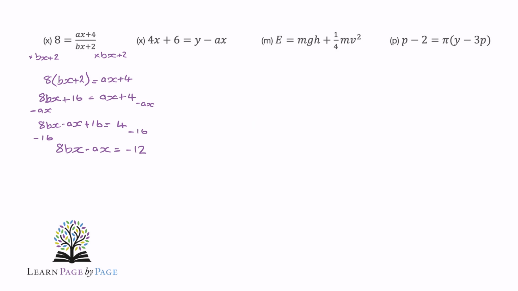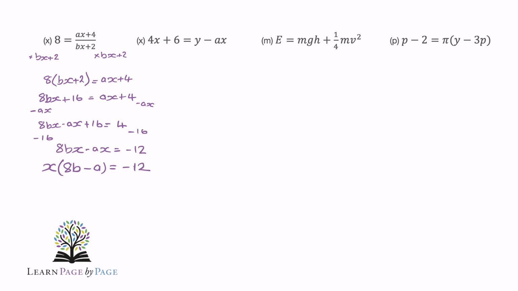Now, if you notice here, this is where a lot of people get stumped, because we have a bx and an ax. What we have to do here is factorize. So we're going to take out the common factor, which is x. So we take x there, then a bracket, and then 8b minus, then 8 times a would give us minus ax, equals minus 12.